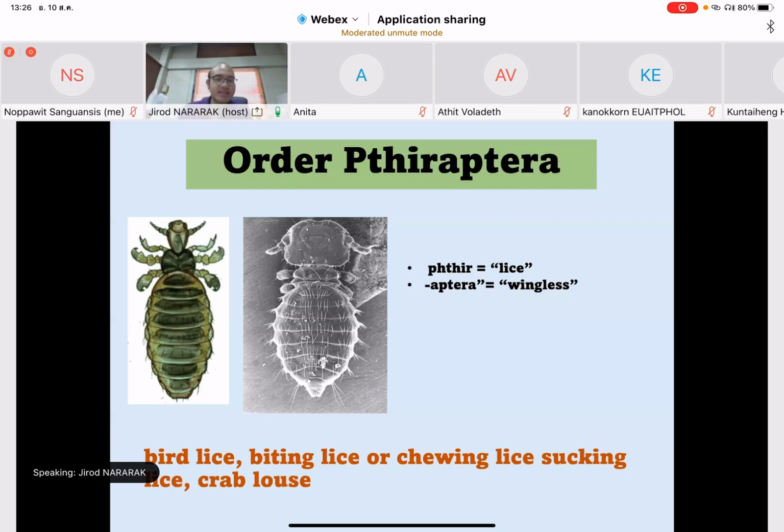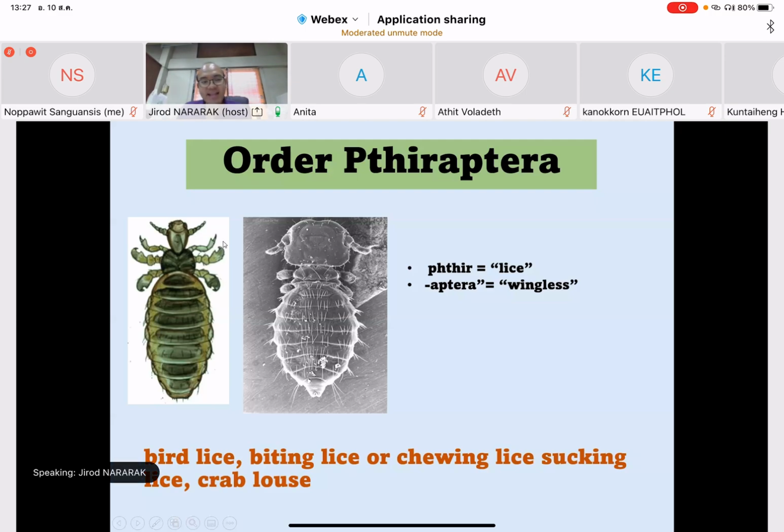As you can see, this is a small one. The characteristics of this order are that they are small, of course, with a flat body. They are colorless and short, and the antennae are stubby.